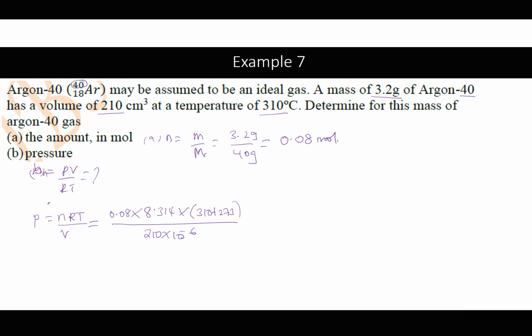So I am getting a pressure which is quite surprising, 1.85 times 10 power 6 pascals. You can also check by calculation. But that is literally the pressure that I'm getting. Next.